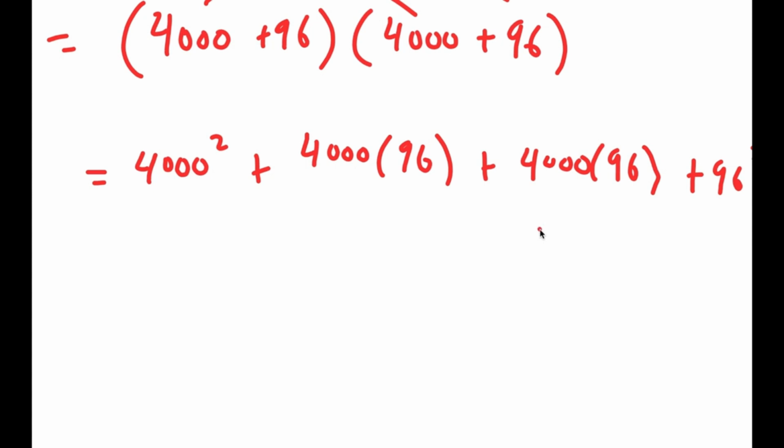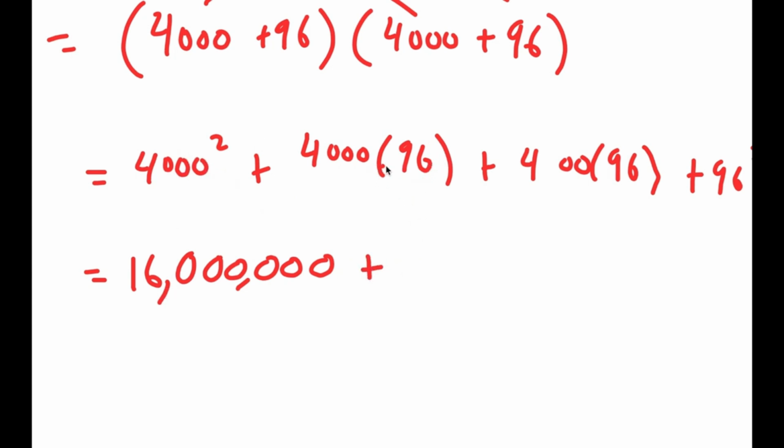Now, from here, 4000 squared, well, this is simple because all we have to do is 4 squared, which is 16, and then 1,000 squared, which is a million. So a million has 6 zeros, so all we have to do is add 6 zeros to the end of this. So I get 16 million, it's 4,000 squared.